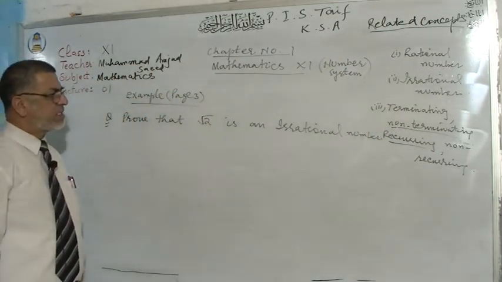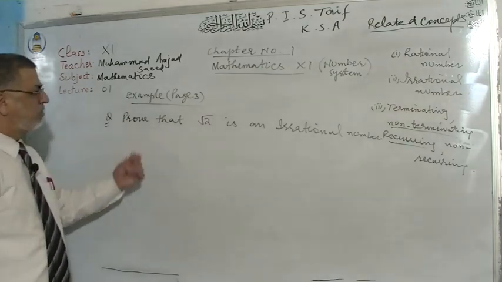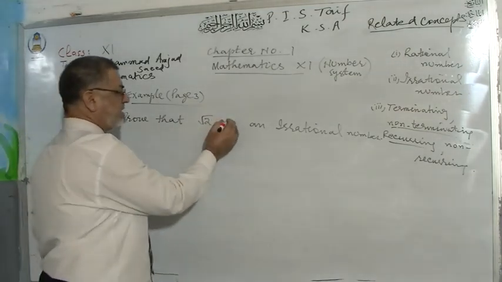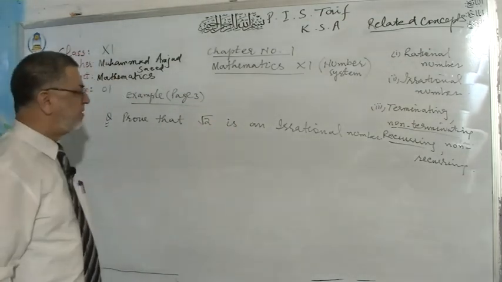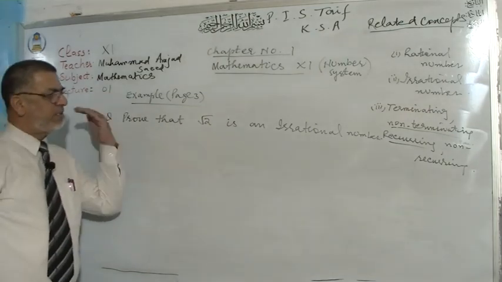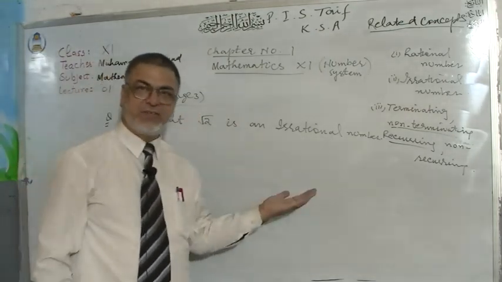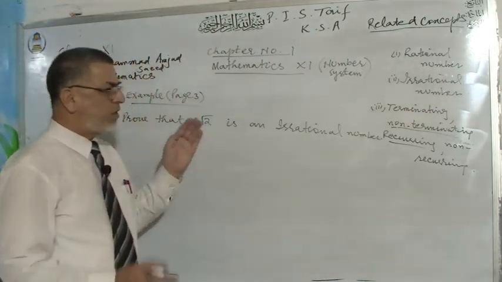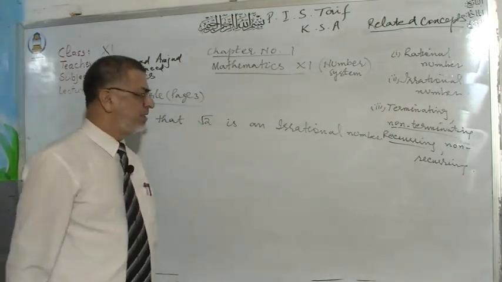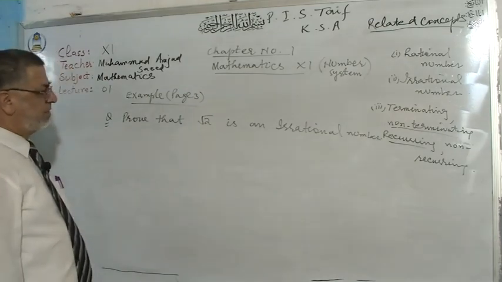My dear students, this is your question number 1, and I have seen it so many times in your exam, in your test, in your board exam even: square root of 2 is an irrational number, square root of 3, square root of 11, square root of 5. So exactly on the same lines you can do other parts, other irrational numbers.